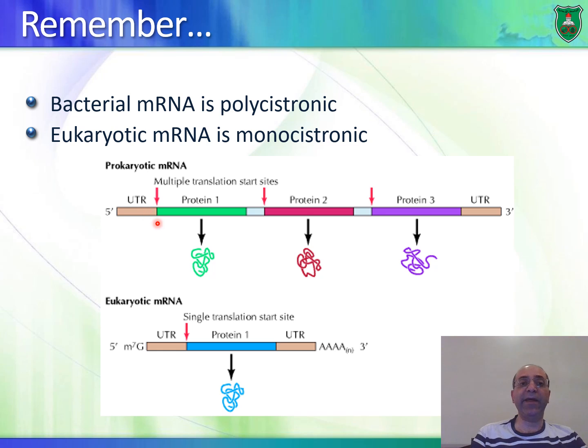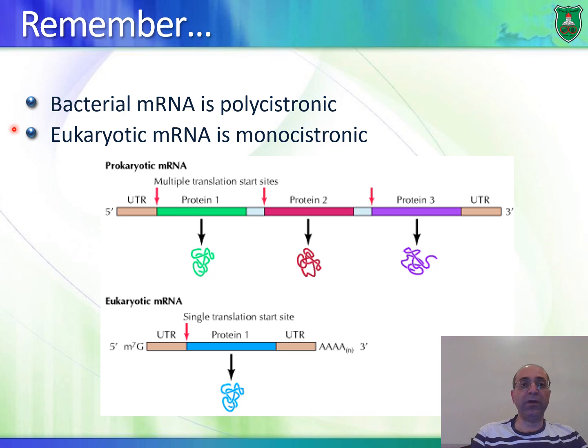There is an AUG for the first one, by the way, another AUG in the second one, and a third AUG for the third cistron. So does that mean that there is no AUG in the middle of proteins? No, there is. So how do bacterial cells know that they should start from this AUG, and this AUG?